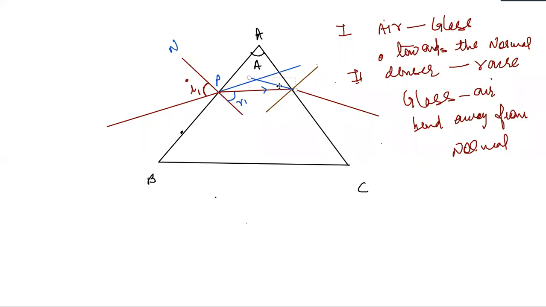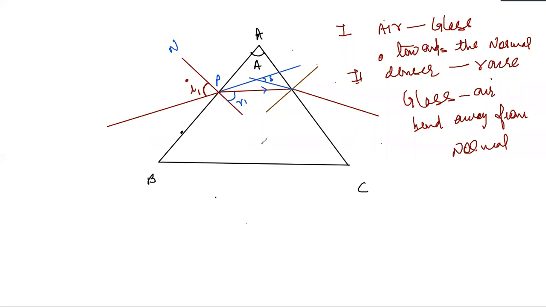here, the angle at which this emergent ray and the initial incident ray meet with each other, we call it as delta 1. इसको हम delta 1 बोलते हैं. Delta is basically the final deviation in the path of the light.